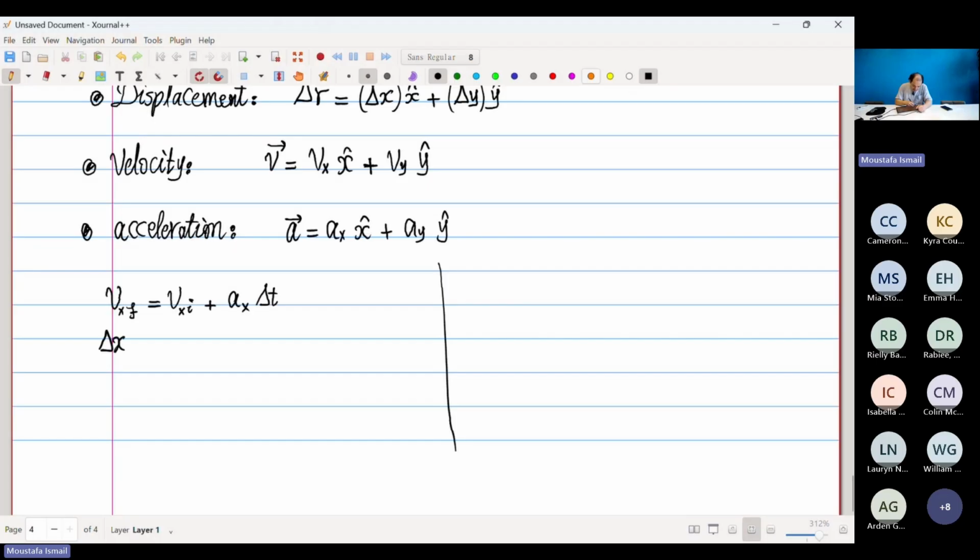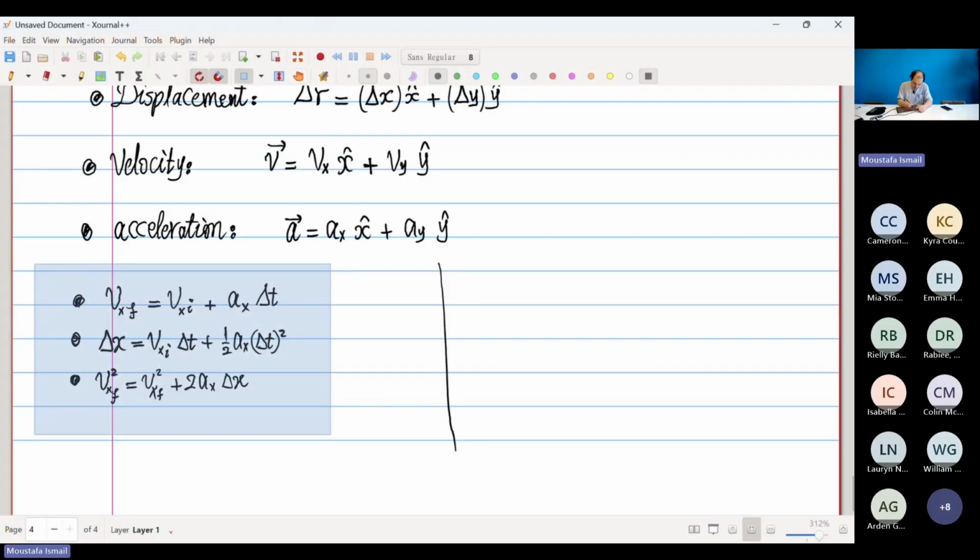We have delta x equals v_x initial delta t plus half a_x delta t squared, and v_x final squared equals v_x initial squared plus 2 a_x delta x. Those are the three kinematics equations that we spent some time with.